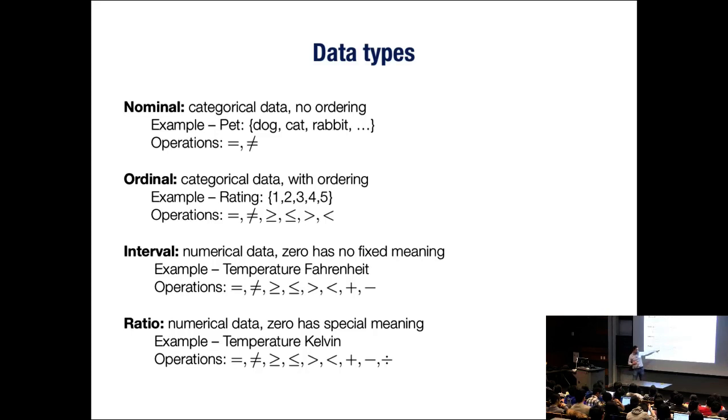On the other hand, temperature Kelvin is a real physical quantity. It's a measure of the energy inherent in the molecules. So if the temperature goes from 1 to 2 degrees Kelvin, there is a real sense in which there is, I don't know if it's actually linear like this, but maybe twice as much energy, or some nonlinear version of that, in 2 degrees Kelvin as in 1 degree Kelvin.